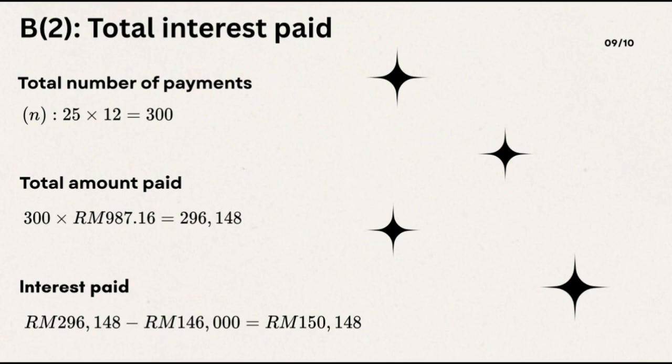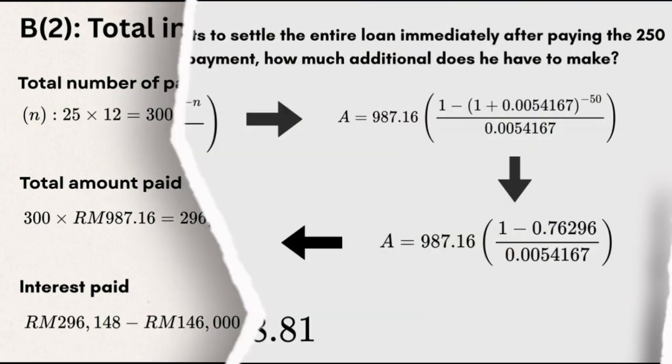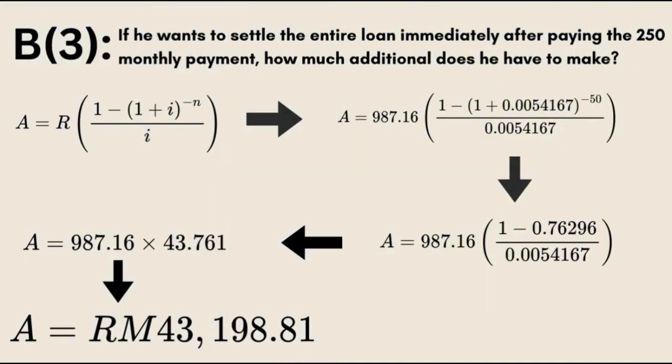Finally, I subtracted the original loan amount of RM 146,000 from the total amount paid. Therefore, the total interest paid over the 25-year loan period is RM 150,148.